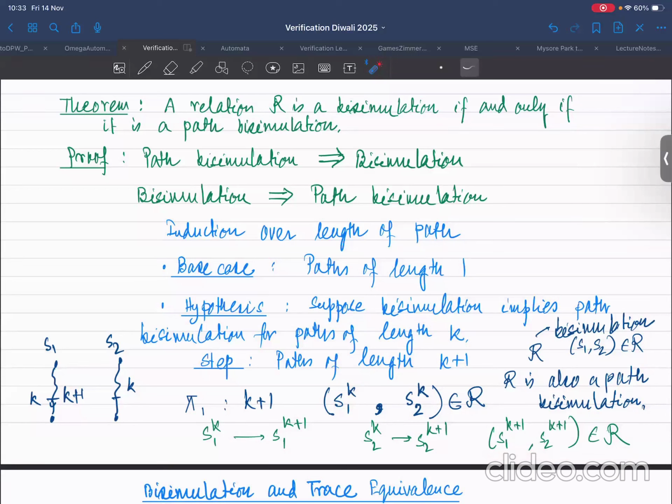And hence, this gives that a bisimulation also implies path bisimulation.